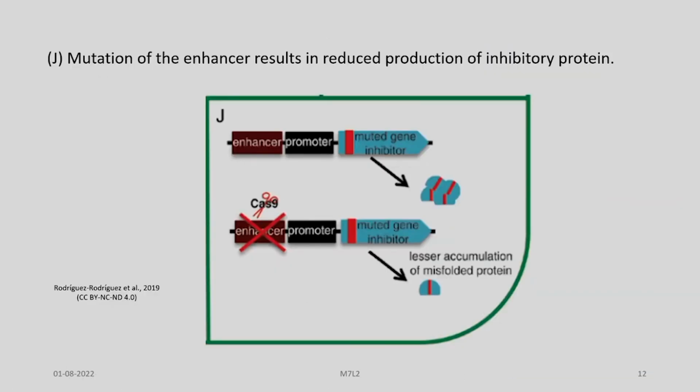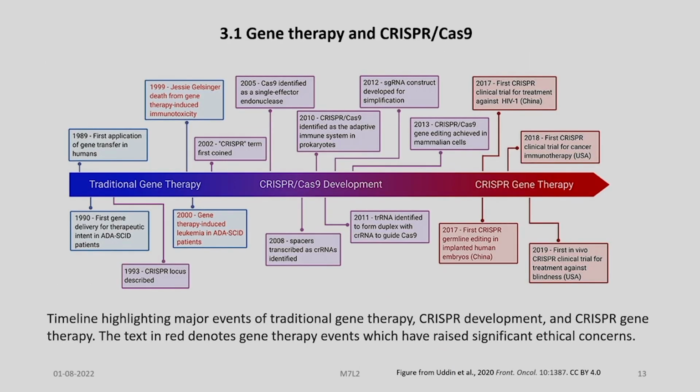In this strategy J, you can see the mutation of the enhancer, which results in reduced production of the inhibitor protein, or lesser accumulation of the misfolded protein finally.